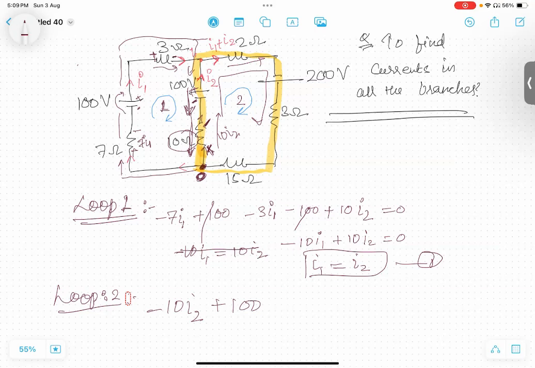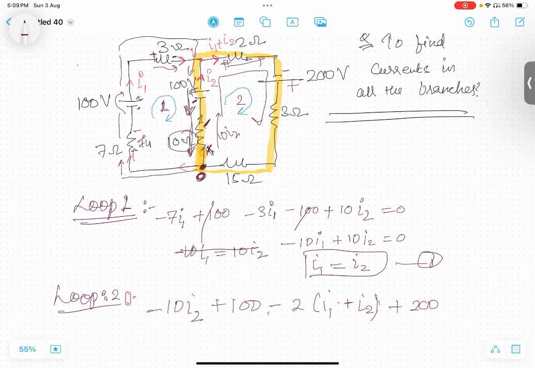Across this 2 ohm resistor, I am going in this direction and the current is also going in this direction. So the current must be going from higher to lower potential. So we are losing a drop of 2(I1 plus I2), right? When we cross this battery, we are going from minus to plus, so there will be a rise of plus 200 volt.